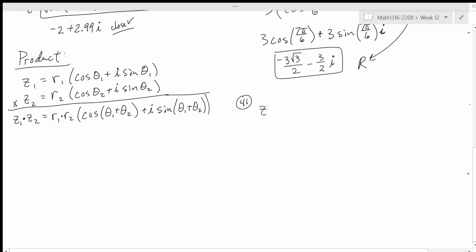What is that X figure down the line? Oh, this means multiply, Z1 times Z2.